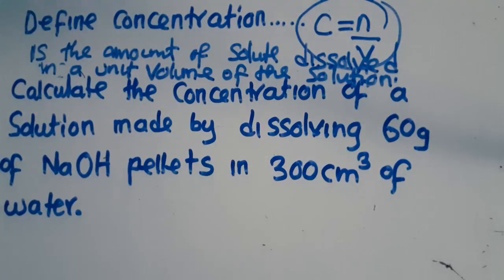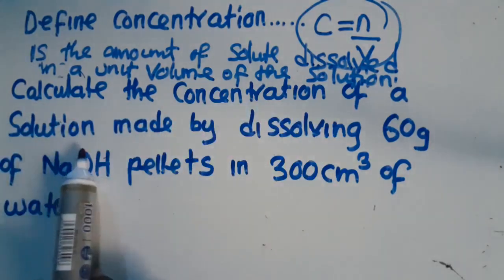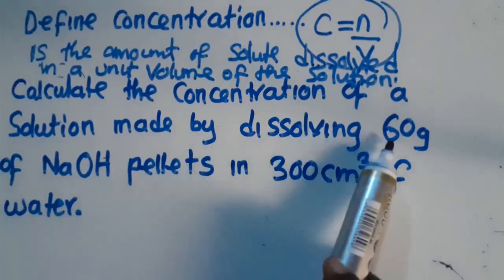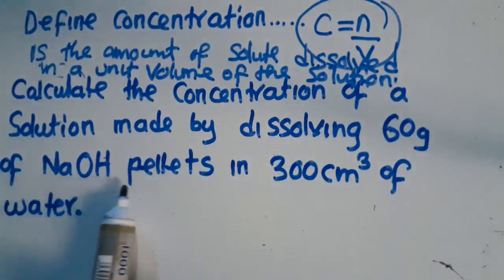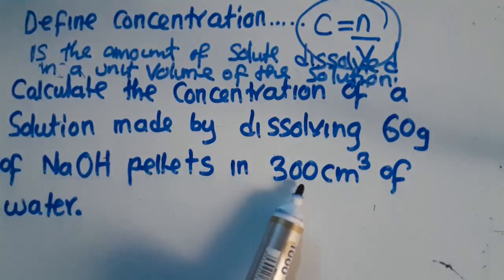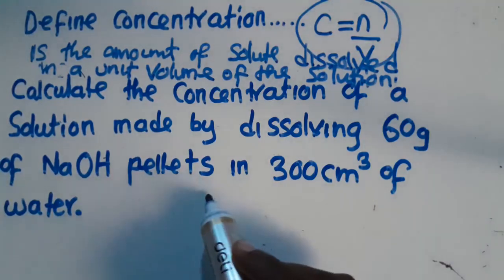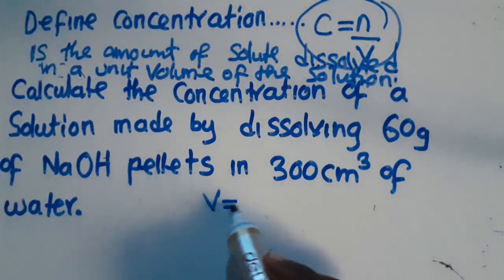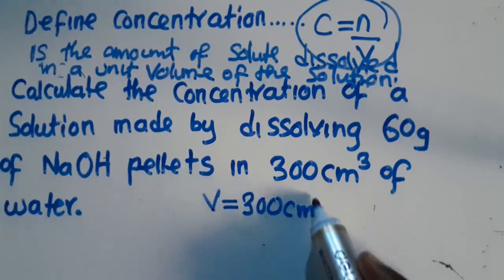Then we move to this other question that is saying calculate the concentration of a solution made by dissolving 60 grams of sodium hydroxide pellets in 300 centimeters cubed of water. So now what we are given is the volume. Volume is equal to 300 centimeters cubed.